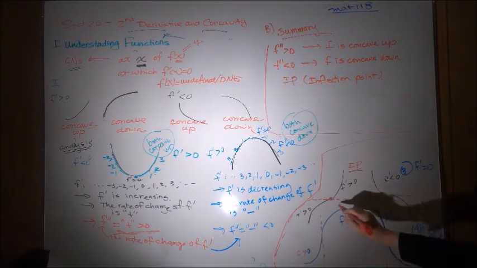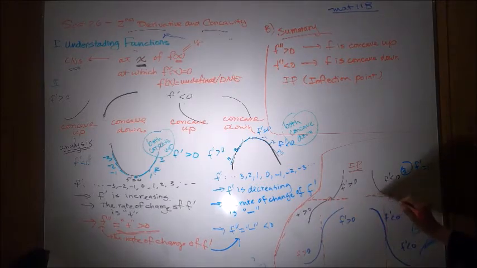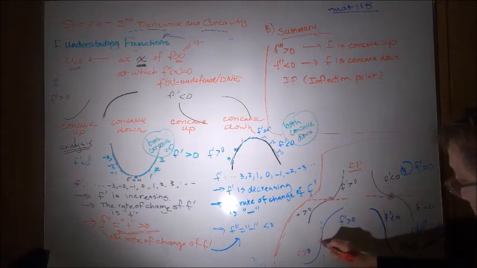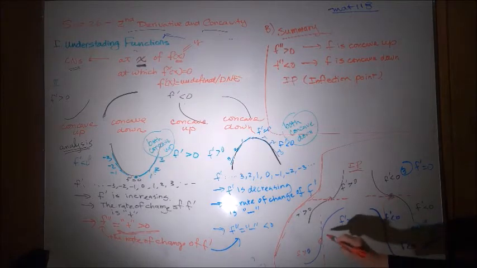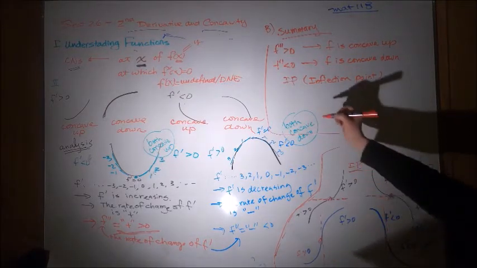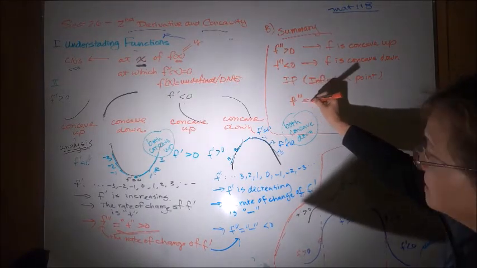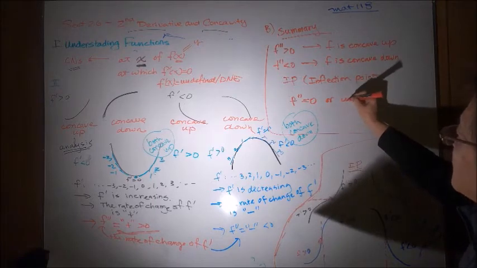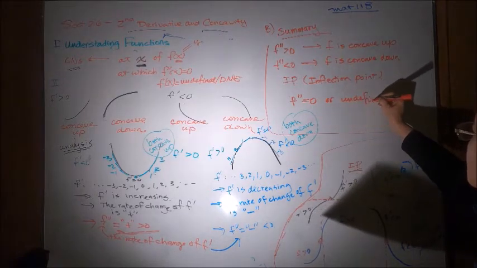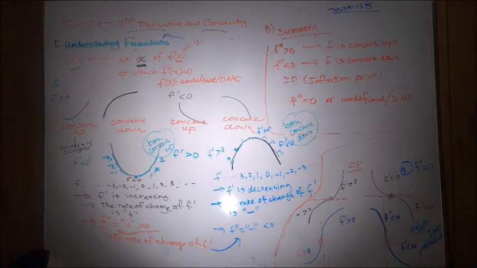We call them IPs. Your f prime prime will be 0 or undefined, doesn't exist, like this. Is that right?